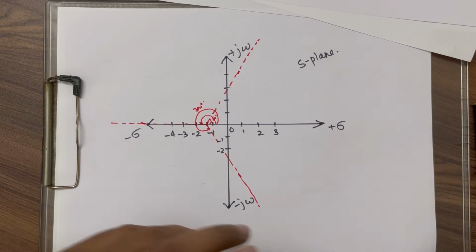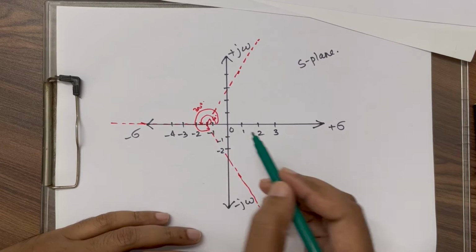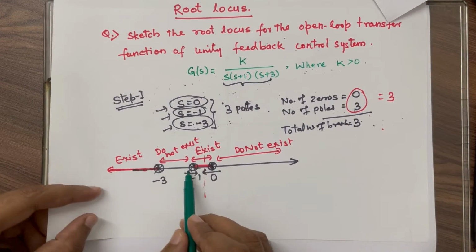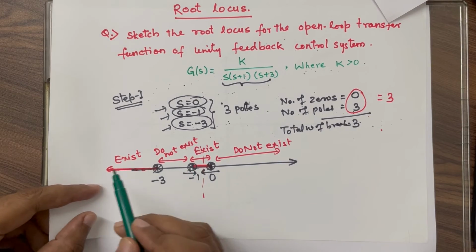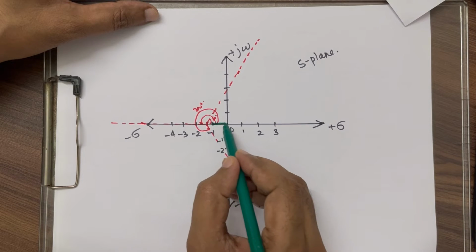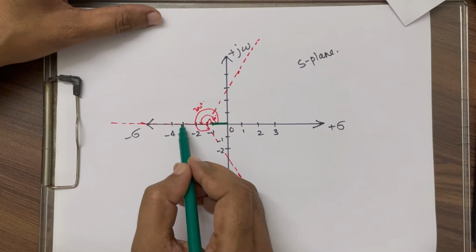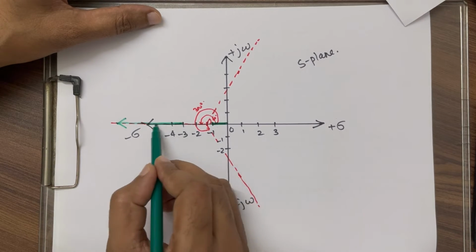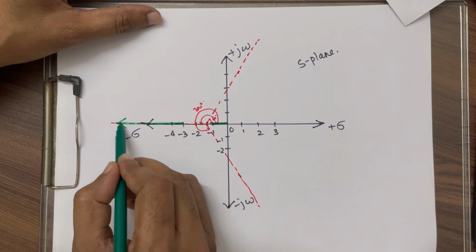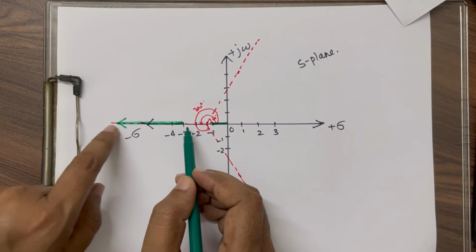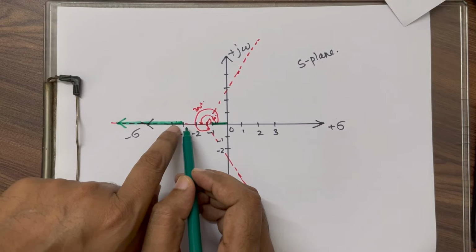Now we need to draw the root locus branches on the real axis. On the real axis, as we have already seen, the existence was between 0 to -1 and after -3. So we can draw between 0 to -1. This will be the root, and -3 to infinity, it will go like this. This is the root locus available over here. This one is coinciding with the asymptote, that means the asymptote will be just beside that.